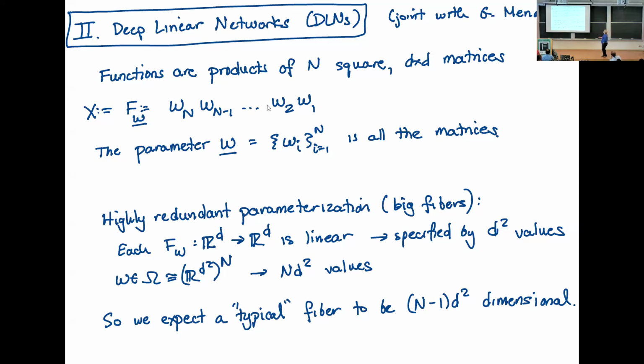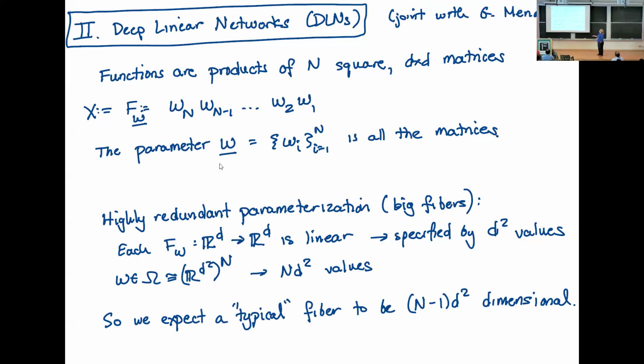So in this setup, the parameter is just the choice of all the different matrices. I'll use W to be my vector of matrices that are the factors. And when we do this, it's pretty clear that this family is very, very redundant.